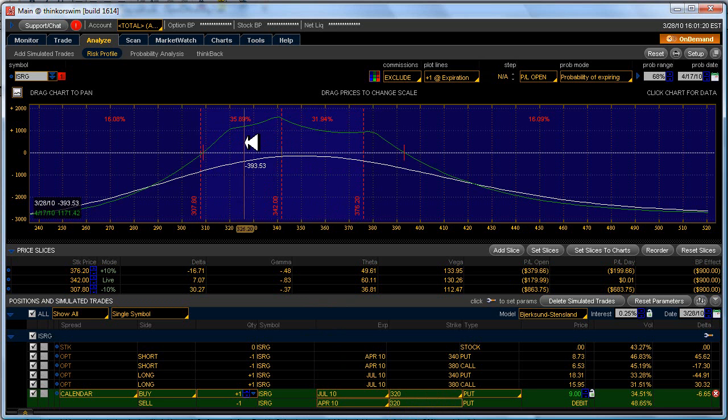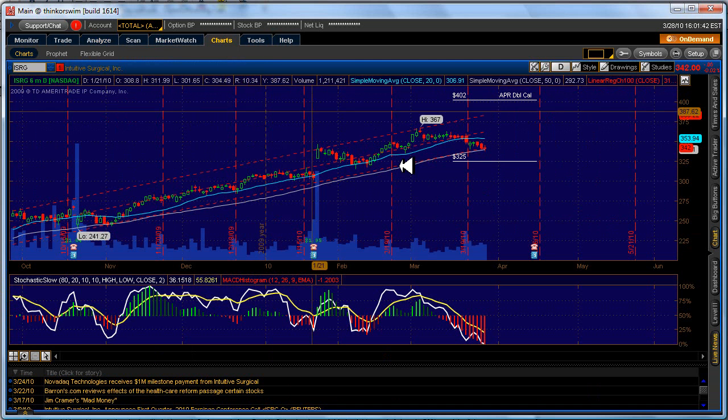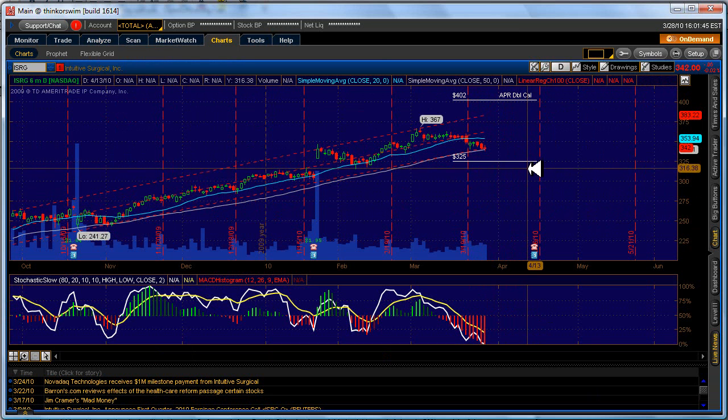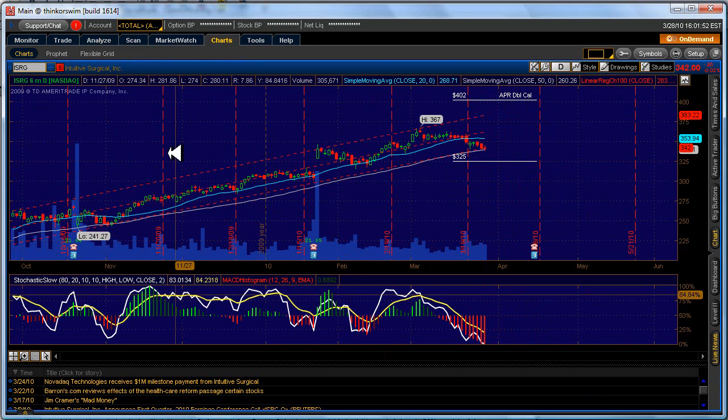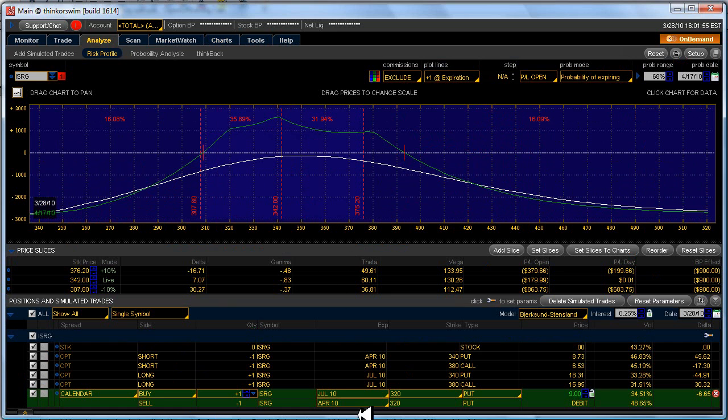Even though I have to spend another $900, so my percent gain is going to drop a little bit compared to my at risk, that's okay, because I'm still very nicely profitable, even $500 down to 3, if the stock drops to 314. And if I look at the chart, 314 is down here, and will it drop down there? I don't know, but that's a pretty good deal, I think, for doing an adjustment on this.